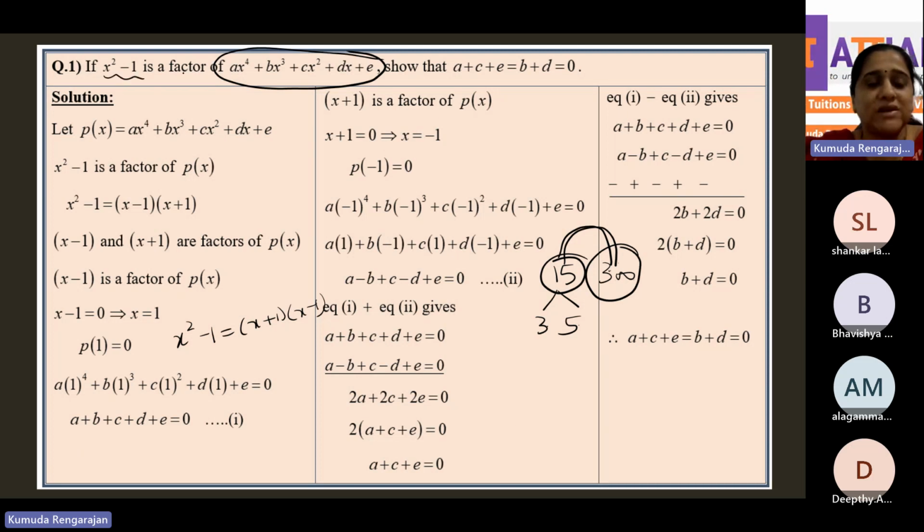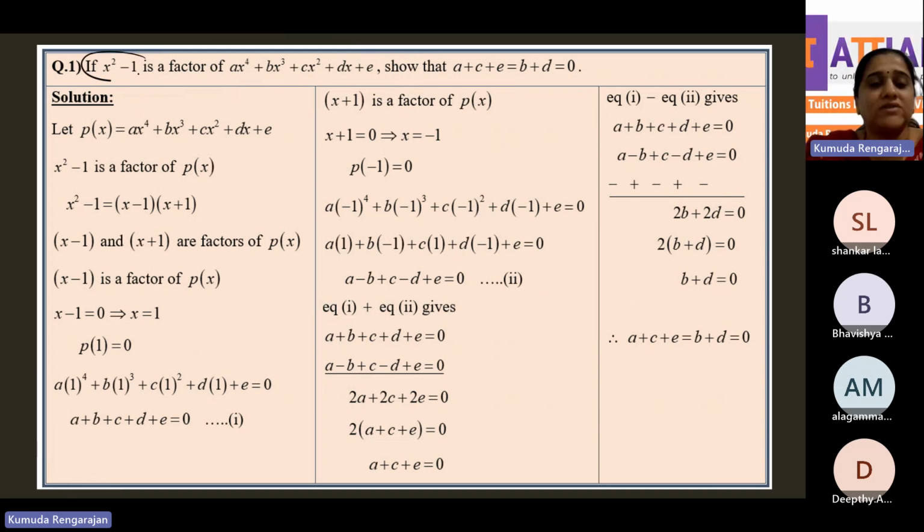So since x square minus 1 is a factor of this one, and the factors of x square minus 1 are x plus 1 and x minus 1, this dividend is divisible by x plus 1 and also by x minus 1, because it's divisible by x square minus 1. So it will also be divisible by its factors x minus 1 and x plus 1.